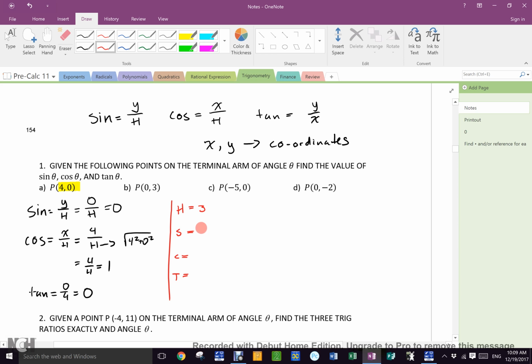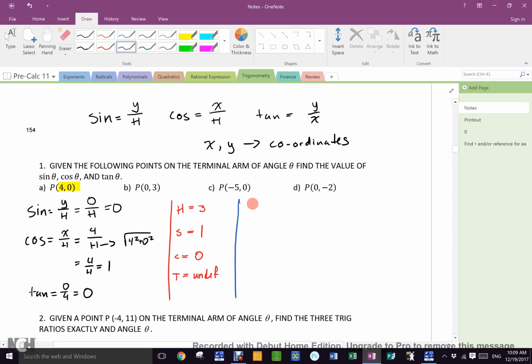Sine equals 1, 3 over 3. Cos, 0. Tan, 3 over 0. Are we allowed 0 on the bottom? So tan is undefined.